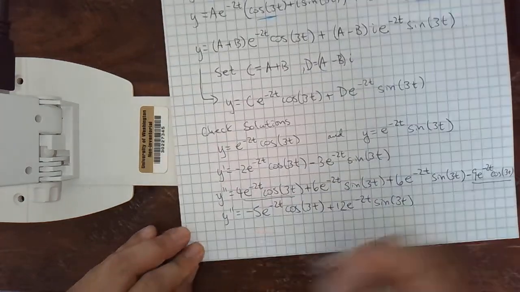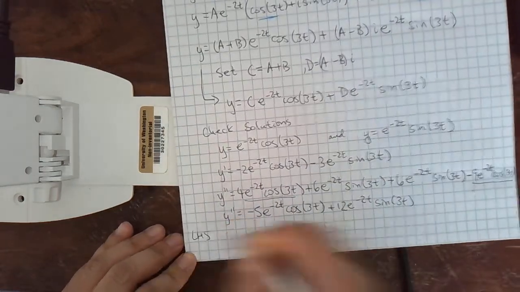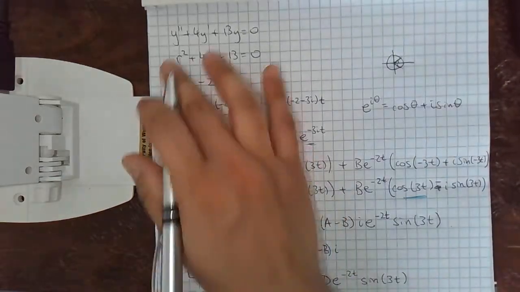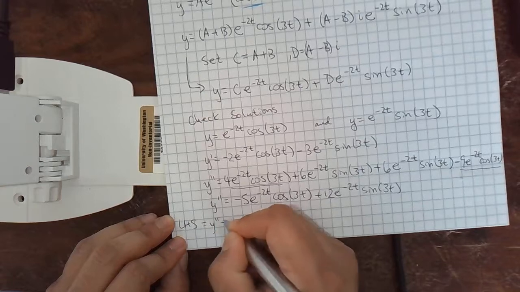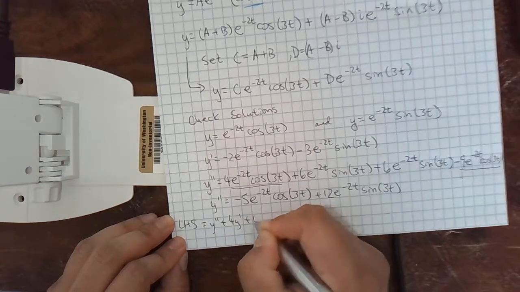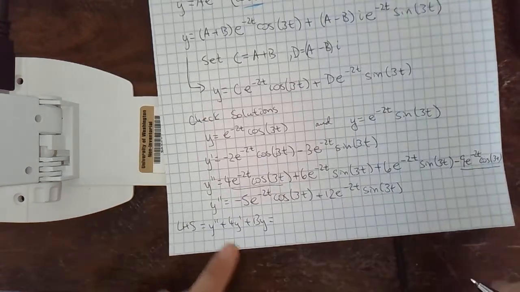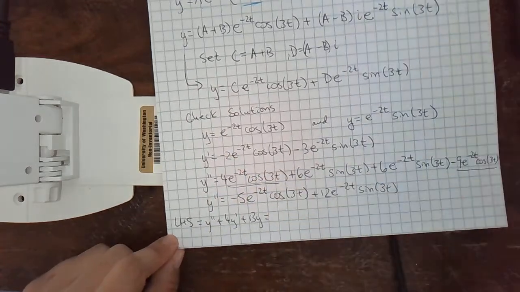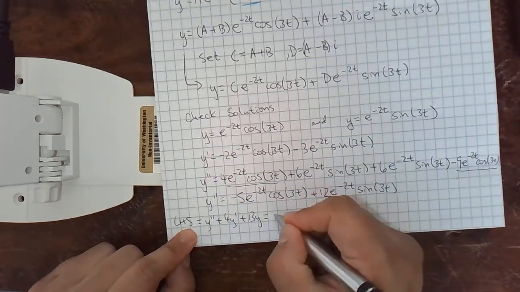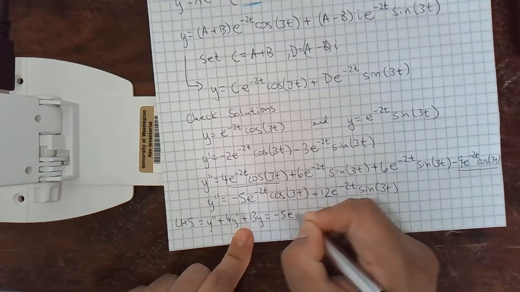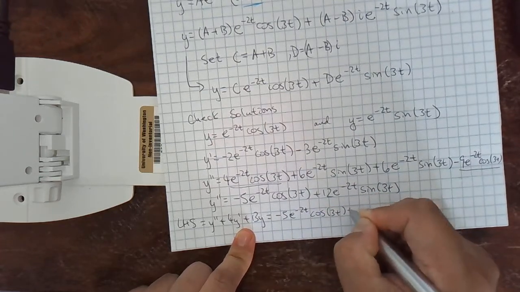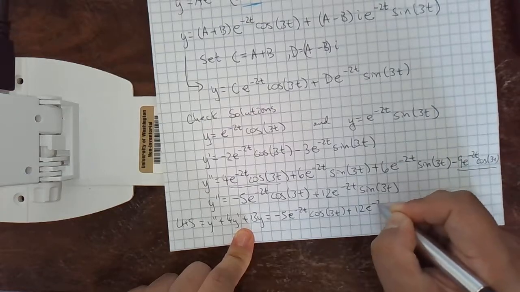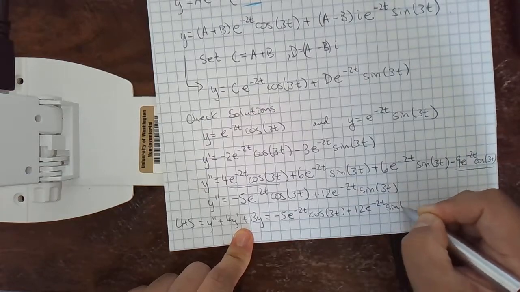Okay, let's just see if this works. So the left-hand side of my original differential equation, we're going back to here, is y double prime plus 4y prime plus 13y. Let's just plug these in and see if everything cancels out and we get 0. So we get negative 5 e to the negative 2t cosine of 3t plus 12 e to the negative 2t sine of 3t.